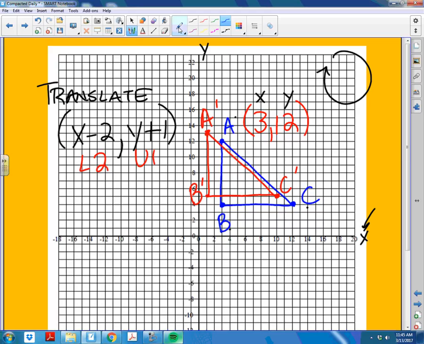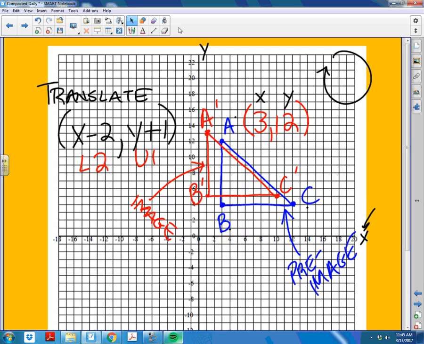Now, a couple of other things you need to know. Our original figure is called the pre-image. And our transformed shape is called the image. Why would it be called a post-image? It's not.